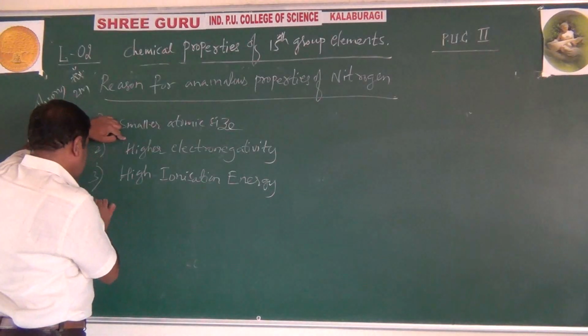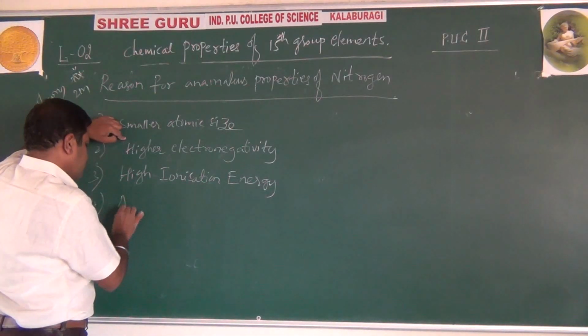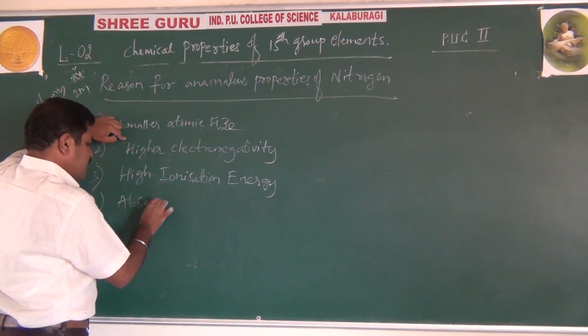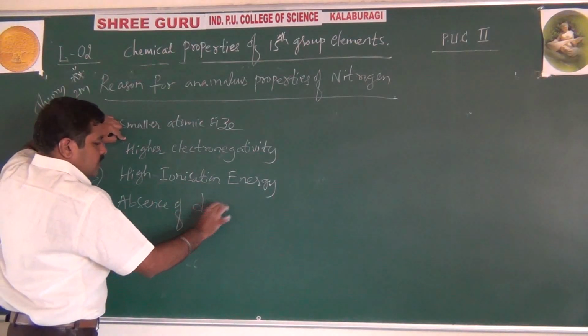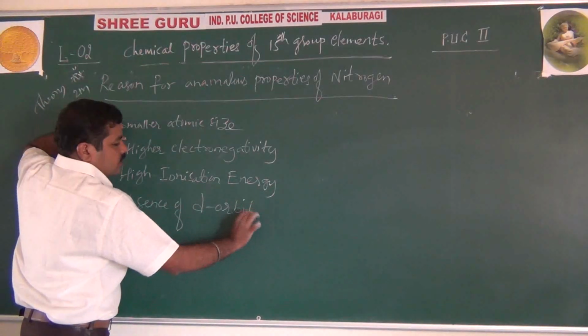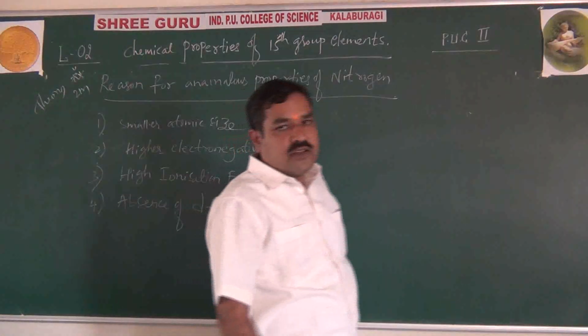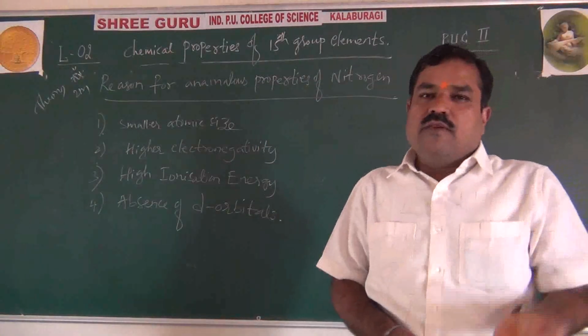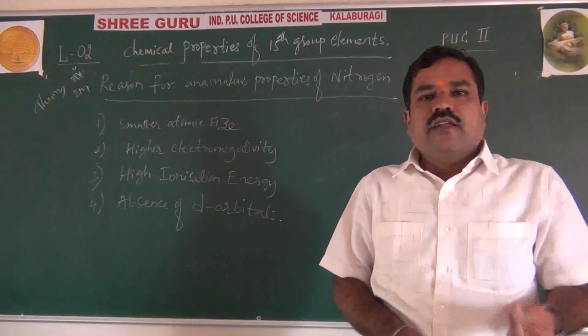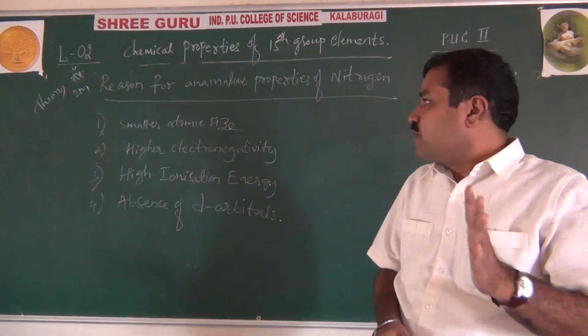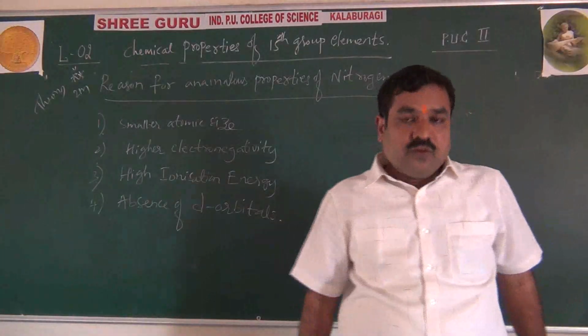And lastly, absence of d orbitals, very important. Because of these 4 reasons, nitrogen differs from the rest of the elements. What are those elements? Phosphorus, arsenic, antimony and bismuth. Okay, this is for 2 marks.